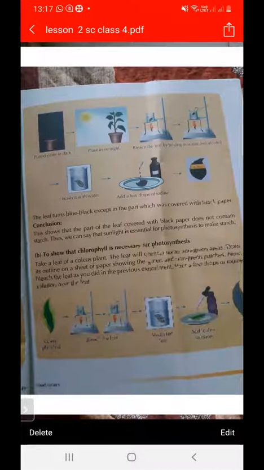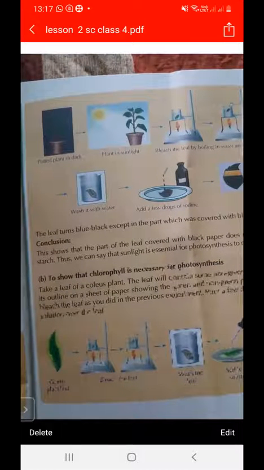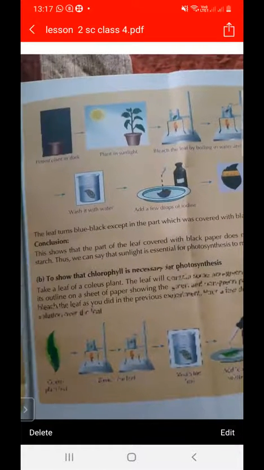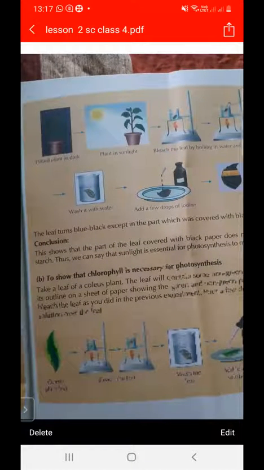This shows that the part of the leaf covered with black paper does not contain starch. So we can say that sunlight is essential for photosynthesis.